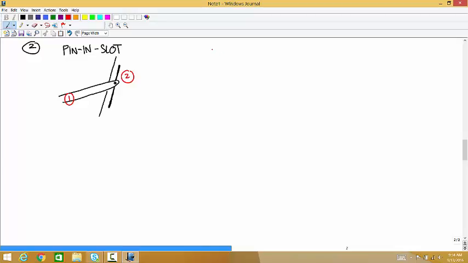A free body diagram of member 1. If the slot is this way, the force is perpendicular to it. So I'll call that R.